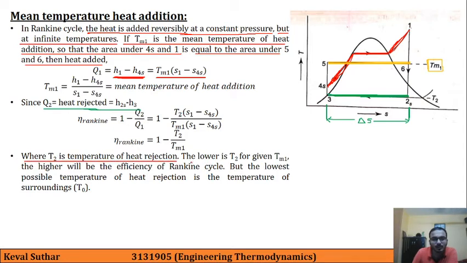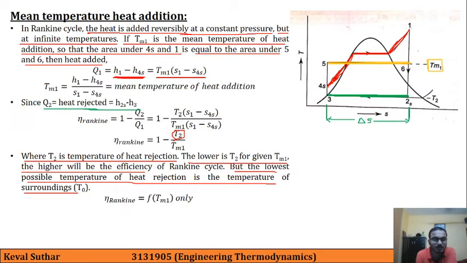The lower the value of T2 for a given Tm1, the higher will be the efficiency, because this is negative and in the numerator T2 is there. So the lower the value of T2 for a given Tm1, the efficiency will be more. But the lowest temperature that is possible for heat rejection is the temperature of the surroundings, that is T0. So there is a limit on T2.